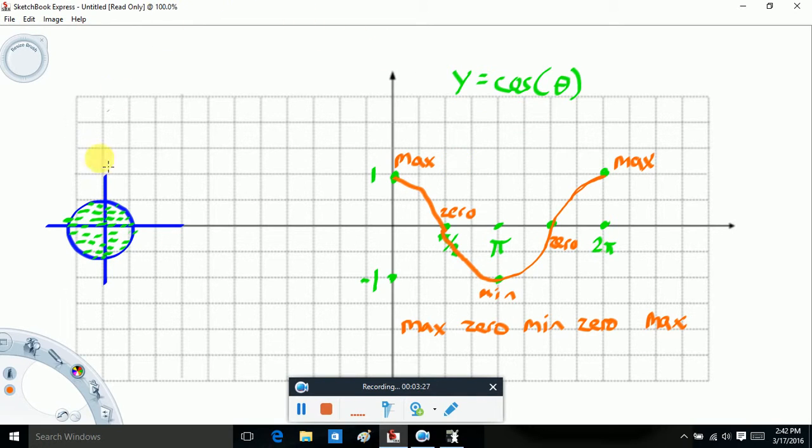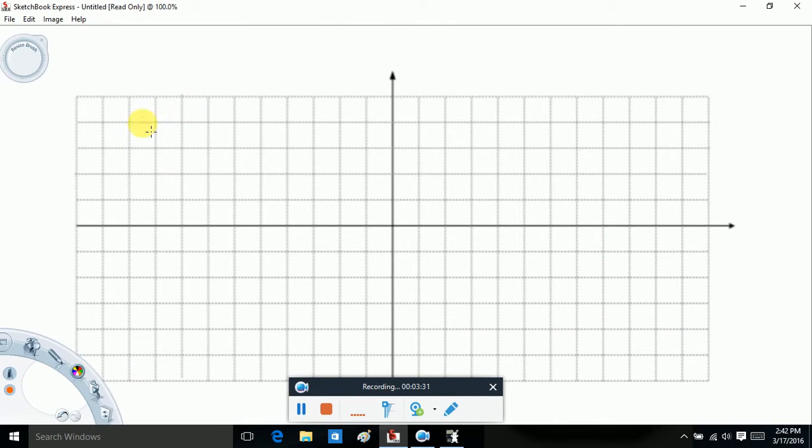So let's do a different graph. Suppose we have y equals a cosine of b times theta. The absolute value of a is your amplitude.